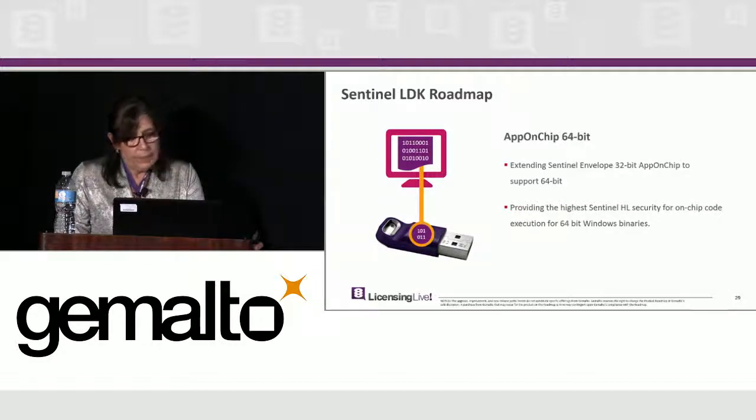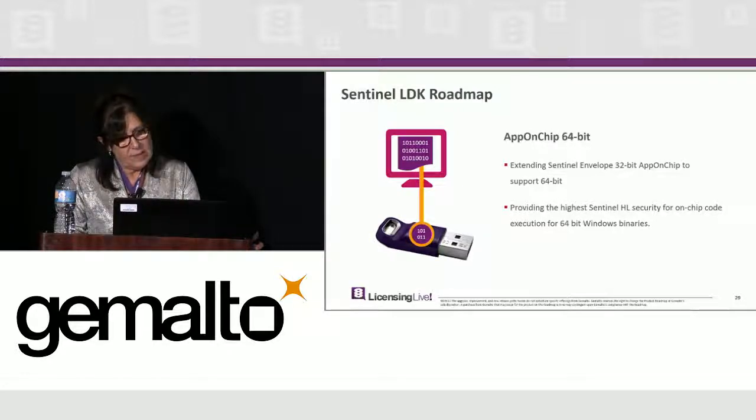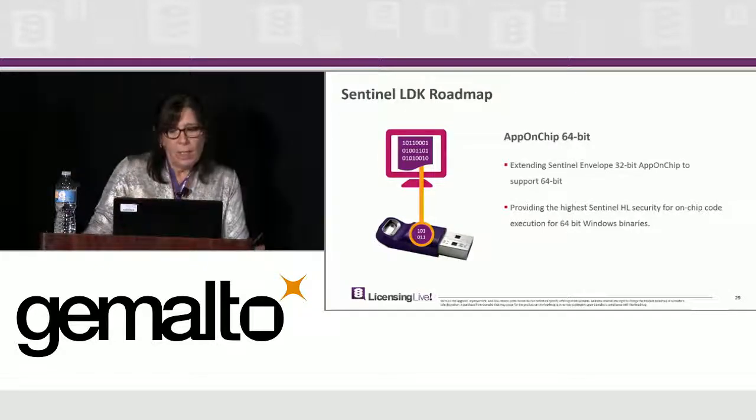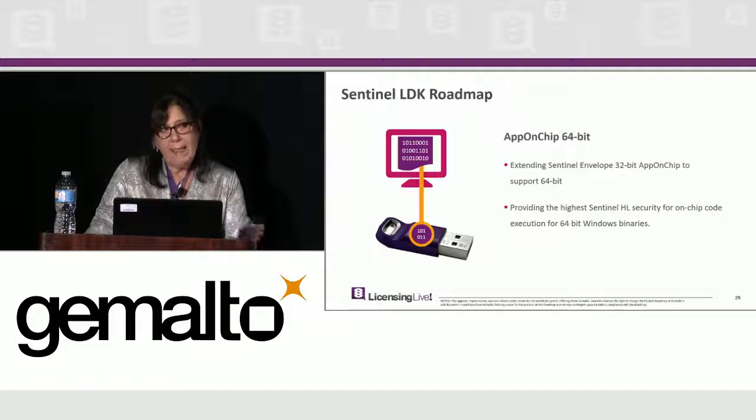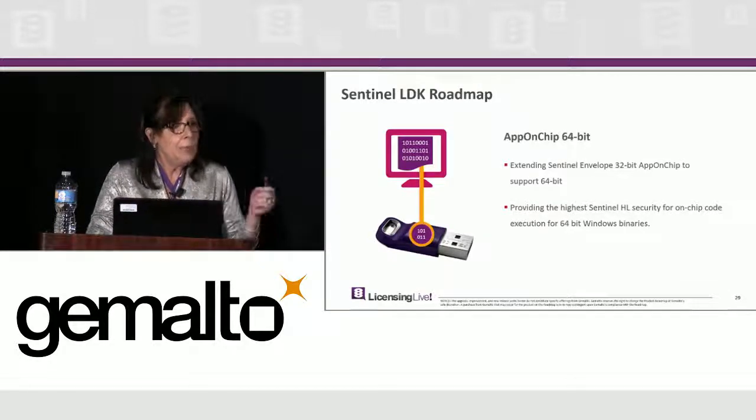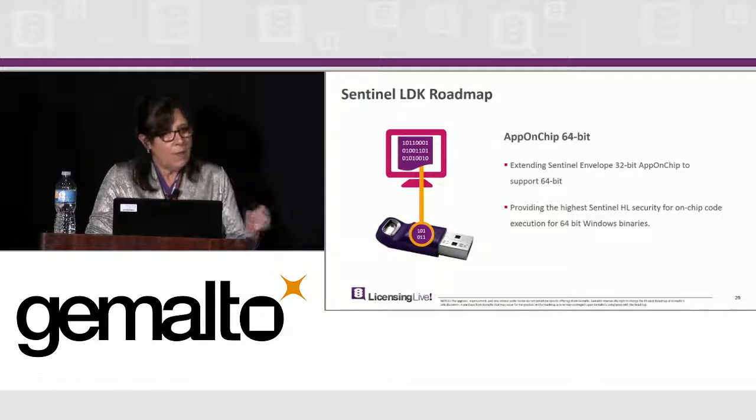App on chip, for those of you who are not familiar with it, is the strongest Sentinel HL security capability available, because it allows part of the application code to actually execute on the Sentinel HL hardware chip.